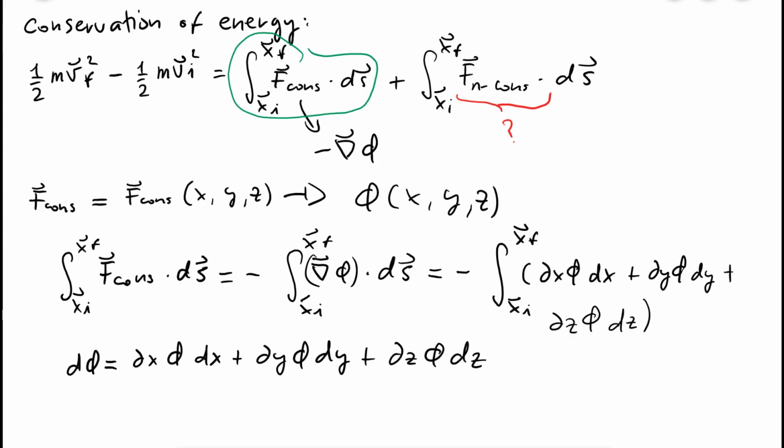And so I can substitute it back, and I get that the integral from xi to xf of the conservative forces can be written as minus the integral from xi to xf of d phi.